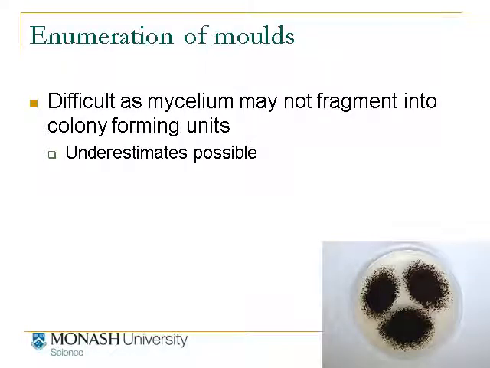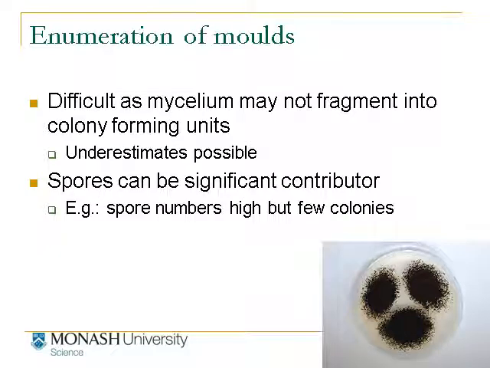How would you count fungi, knowing that they have millions of spores? And this is quite difficult as the mycelia do not fragment into colony-forming units. You don't normally count fungi as easily as CFU for bacteria. Hence, we underestimate most of the time.